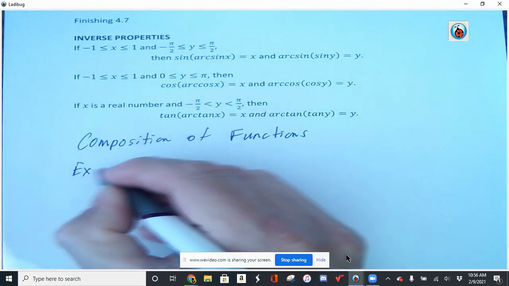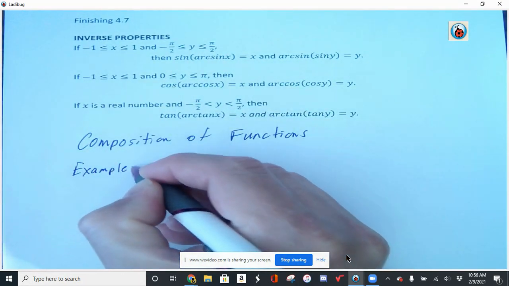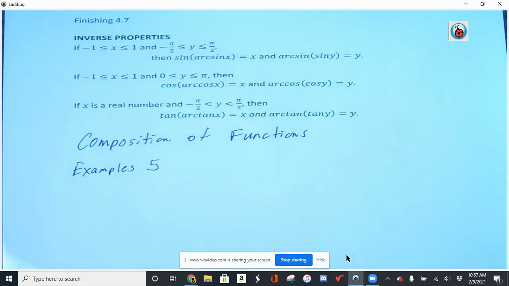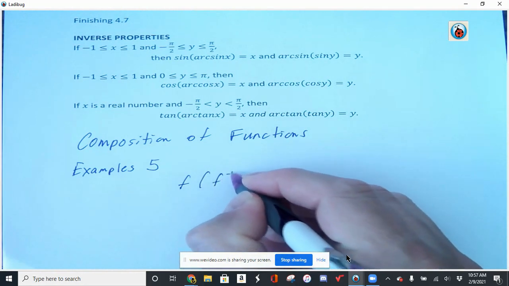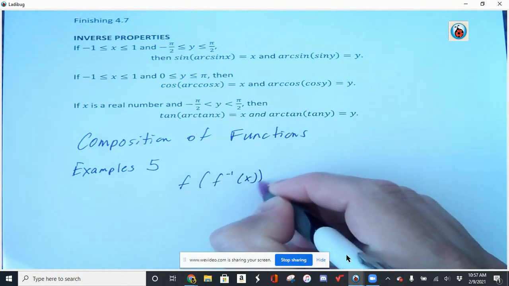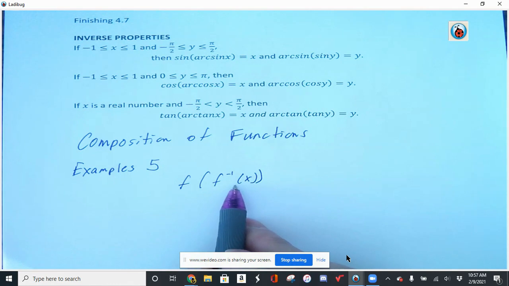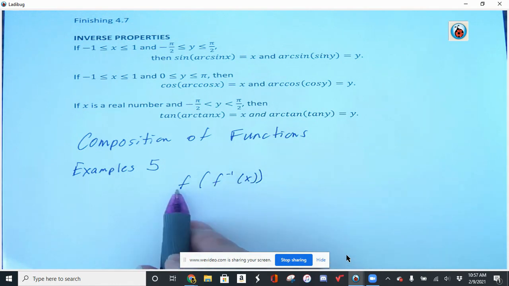Now we're using those properties for composition of functions. A composition of functions would be where you might take one function, find the value of that function, and then once you find that value, you place it into the other function.